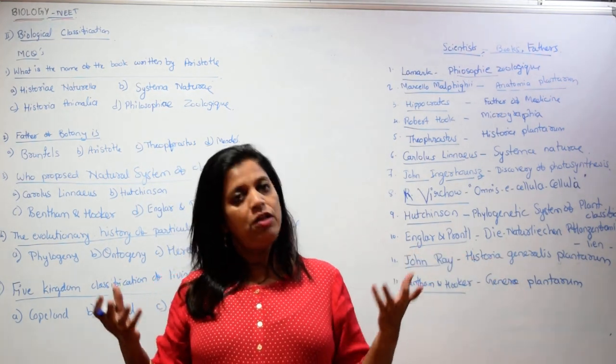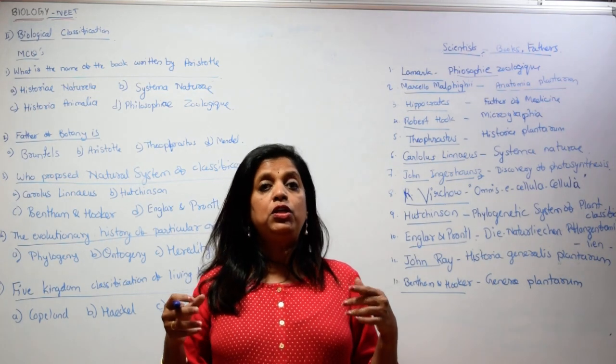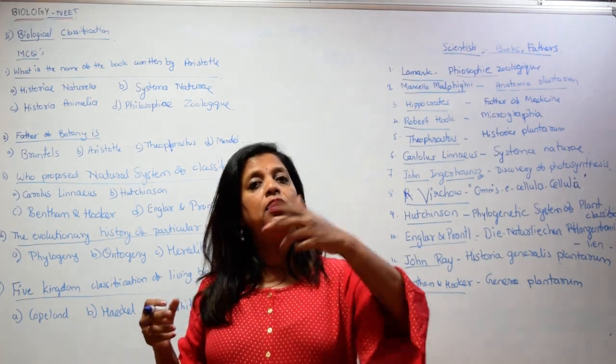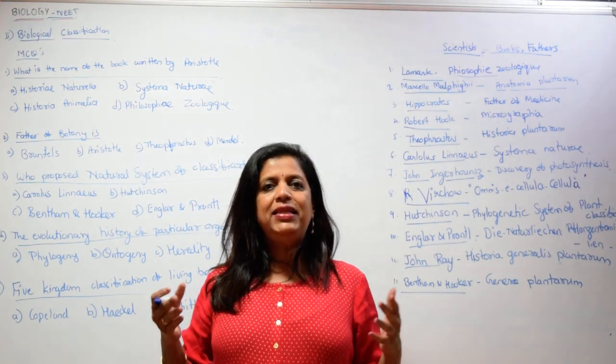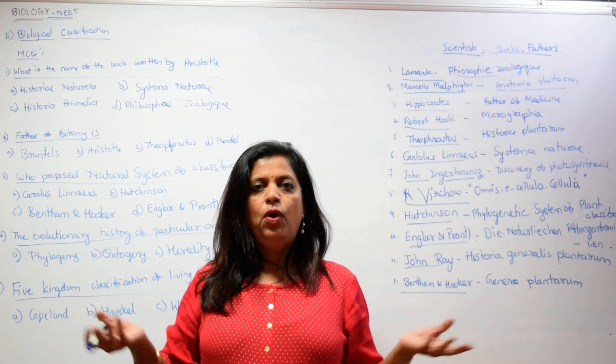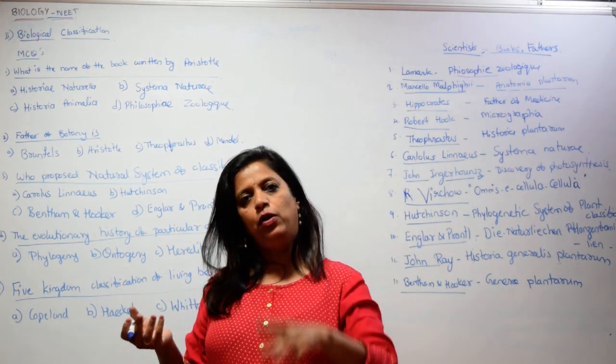That is why we are unable to understand other languages. Therefore Carolus Linnaeus was the first person to say that there should be universal naming.